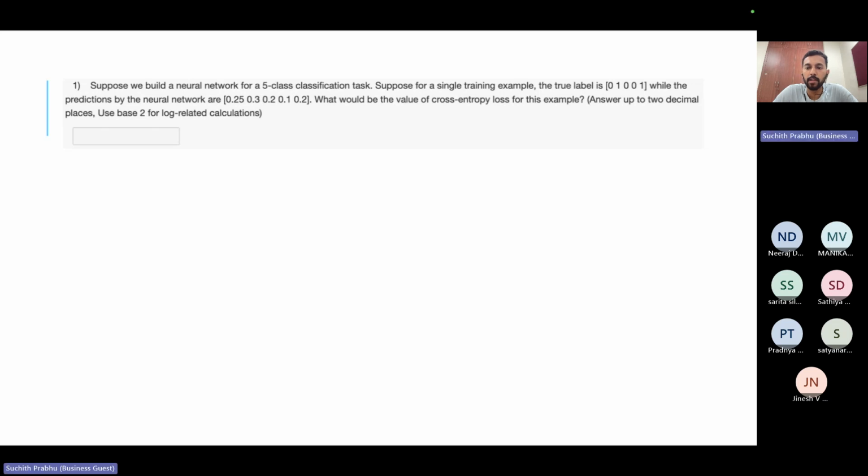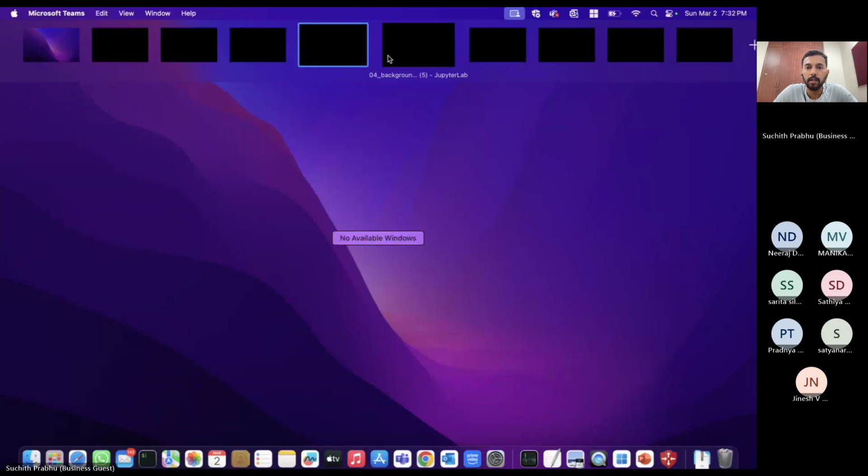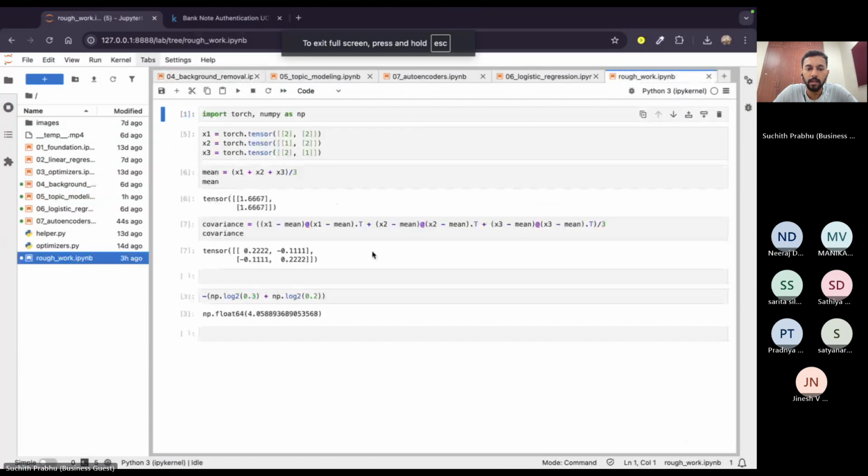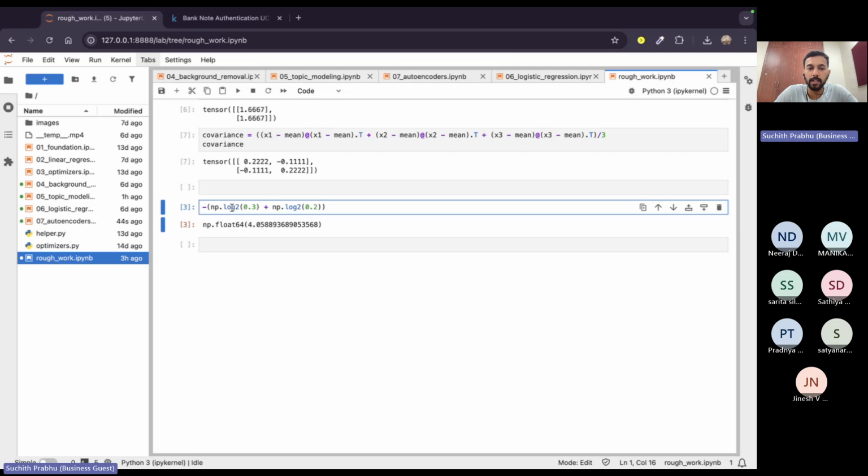Should I go ahead and tell the answer, or is anyone computing? Yeah, so the answer is 4.05. I've just taken log of 0.3 and 0.2, and negative that.